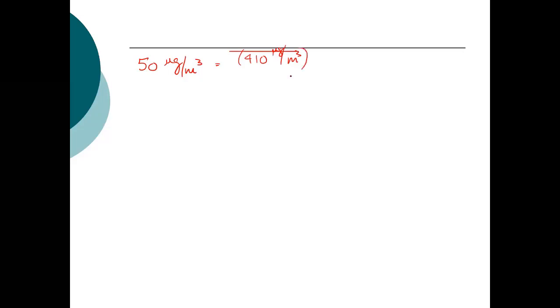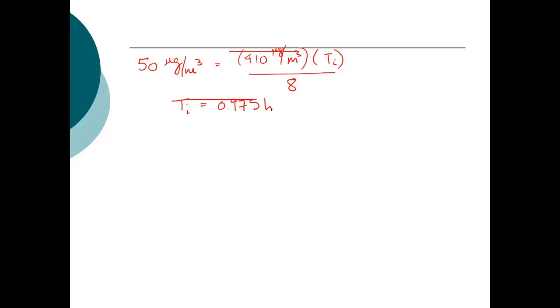We're going to assume that the concentration is constant. The time interval is what we're looking for, over an 8-hour day. So if we solve this, the time interval is 0.975 hours or 58 minutes.